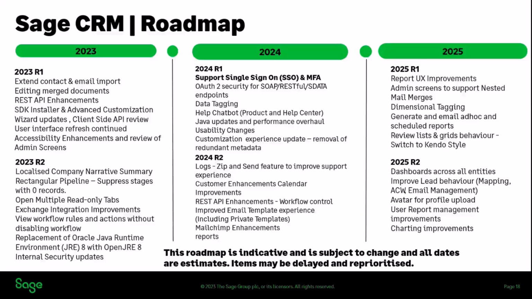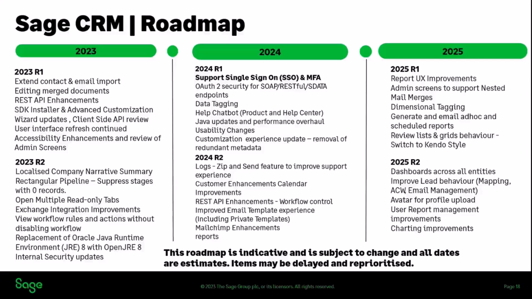So if I remind us of what we did earlier in the year with 2023 R1, we had worked with the email and import features. We had reinstated a feature, which was the editing of merged documents. We've made REST API improvements.